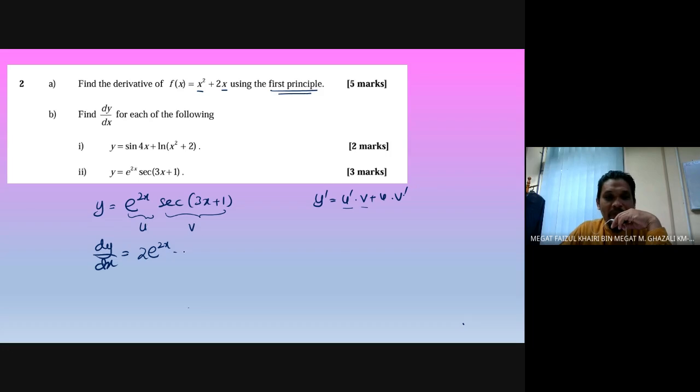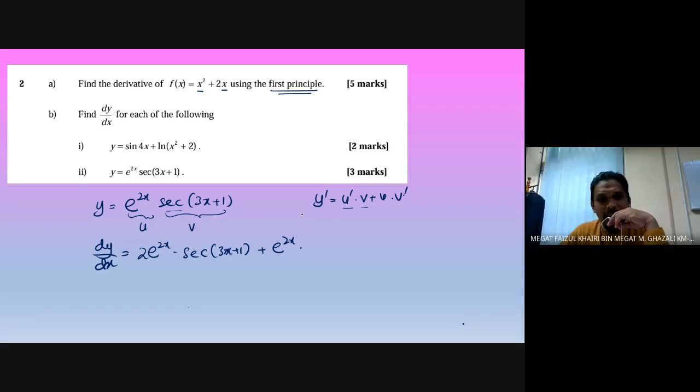So v, we copy all. Copy out first, secant of 3x plus 1, plus, now we differentiate the u, and for the second term we just copy it all again, e power of 2x, and differentiate secant. Secant tangent.